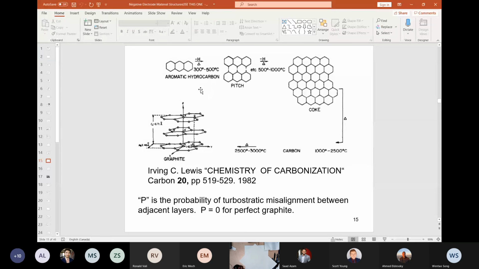And then it goes AB, AB, AB. And then at some point again, you'll find a random rotation with about a 3% probability. Artificial graphite made at 3,000 degrees C would have a probability P for turbostratic misalignment of about 9%, 8%, maybe 7%. Okay. And if you had perfect graphite, the probability for turbostratic misalignment would be 0.